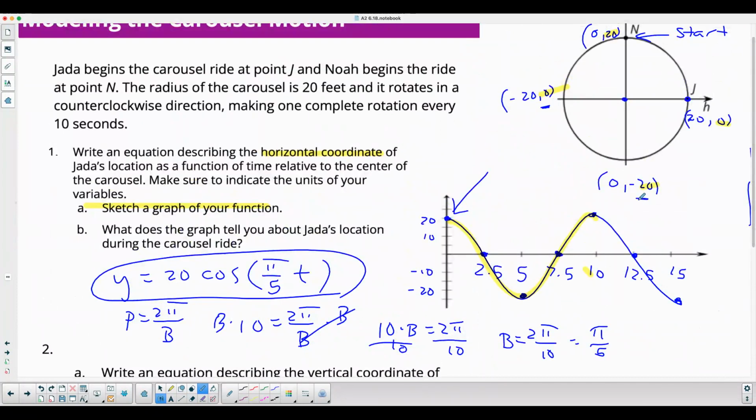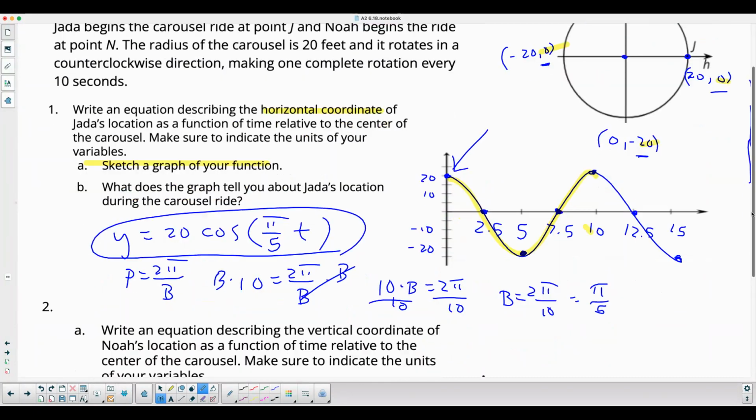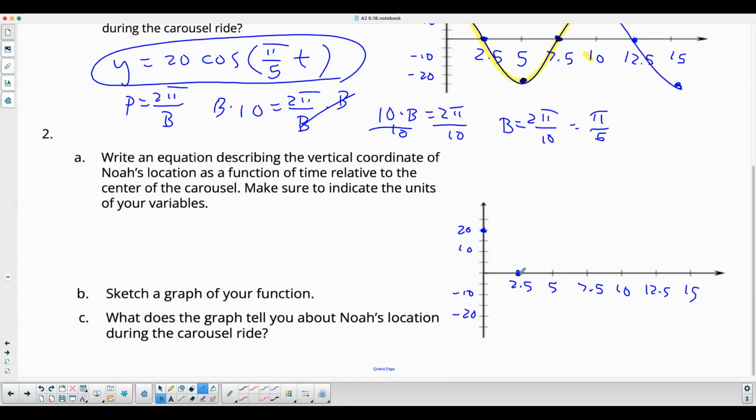And then 5 seconds, and then 7.5, and then back 10 seconds back there. So you kind of go like this. And you end up actually getting the same graph because you're looking at a different piece. You're looking at the vertical component, and then we've also changed our starting point. Okay, so same function because it's the same graph.